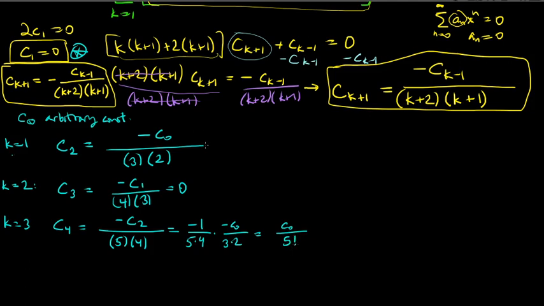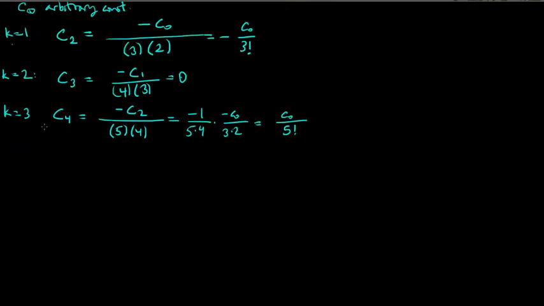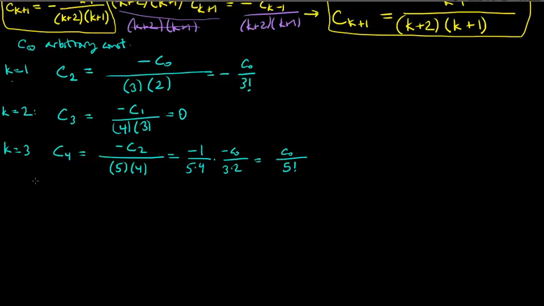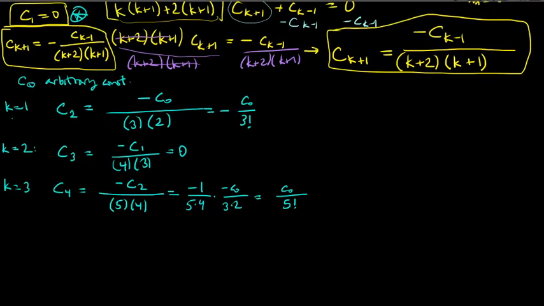And just to be consistent here, let's write this as negative C0 over 3 factorial. And I think you can see the pattern, but if you don't, let's do one more. Actually, let's do 2 more.